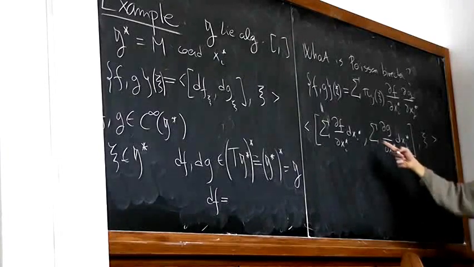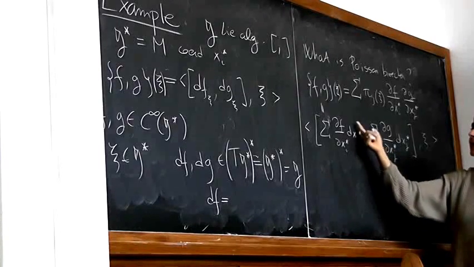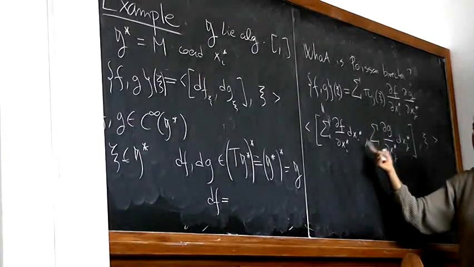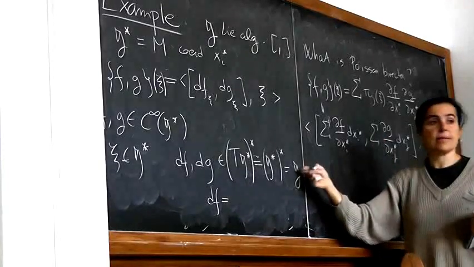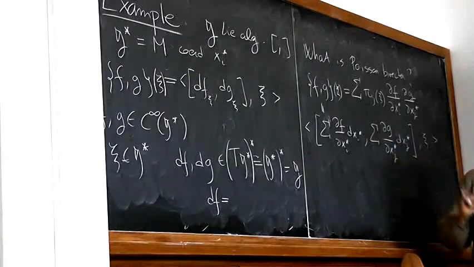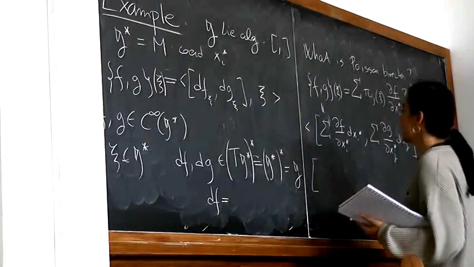Now this is, of course, the bracket. Now notice that these dxi star are differential forms on G star. So these are elements of G, the dual with respect to the coordinates.